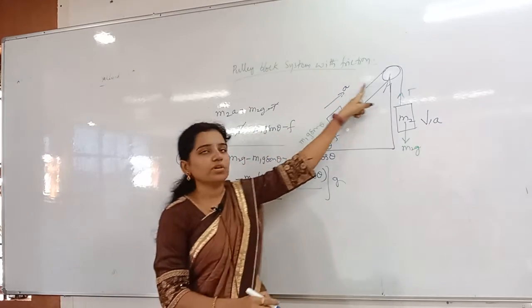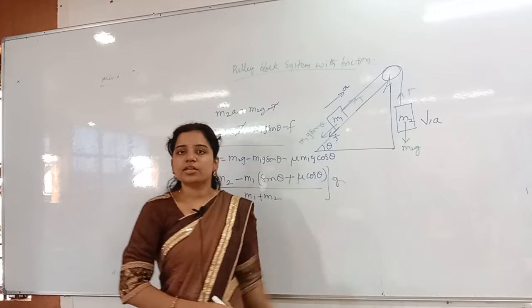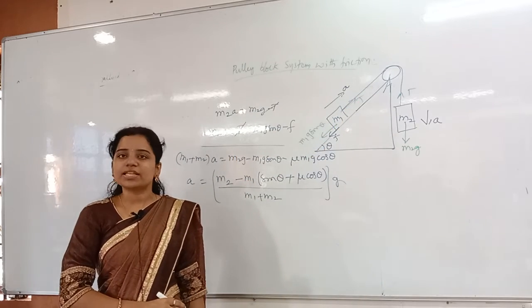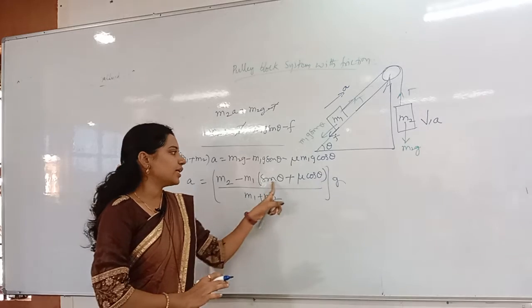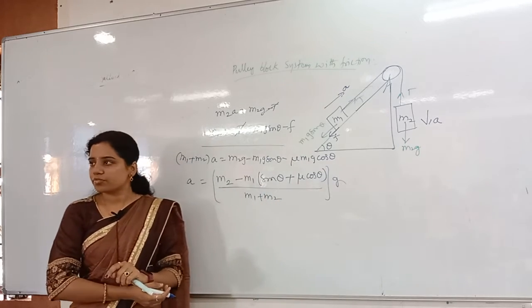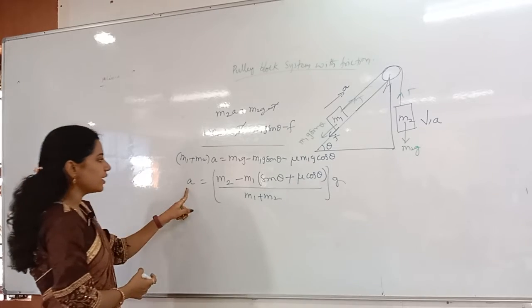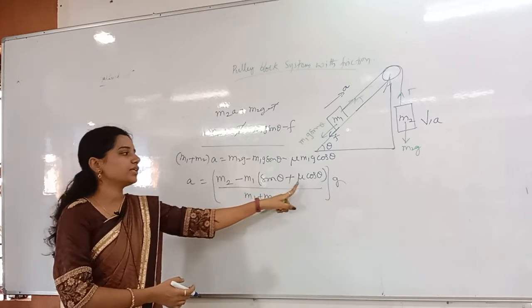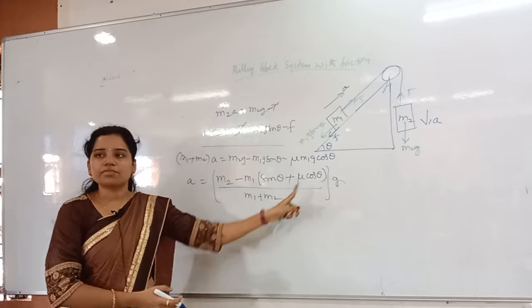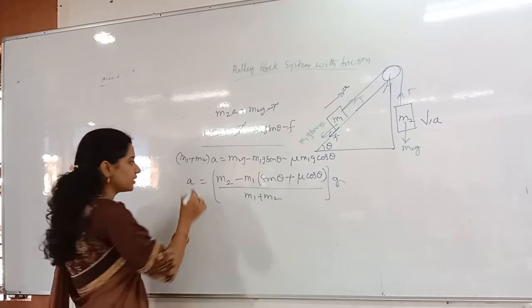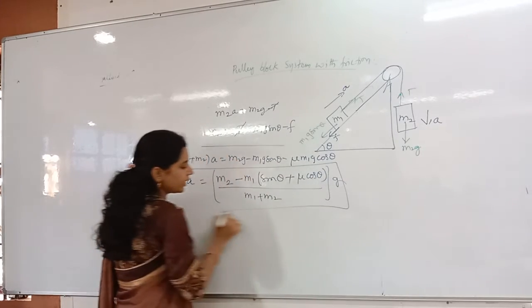Here also the block is going in the upward direction, so retardation will be there. So for that retardation we get sin theta plus mu cos theta. Of course, we are taking minus outside only. Clear? Then a is equal to (m2 minus m1 sin theta plus mu cos theta) by (m1 plus m2), into g. This is the acceleration. Did you get the correct answer?